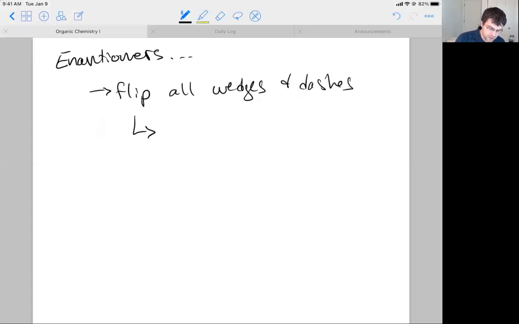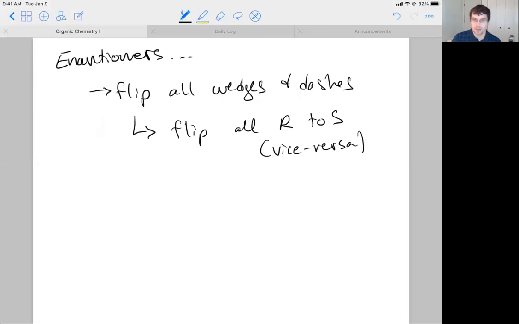And as a result, they flip all R's to S and vice versa. Okay, so what I'm saying is that our rules where we flip wedges and dashes around as we go between enantiomeric structures and diastereomeric structures, those rules also apply for R and S. And once you get one, you kind of get them all.